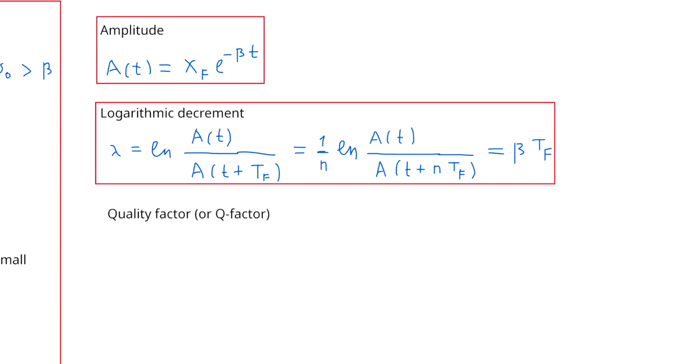What is this? Quality factor, maybe without hyphen. Quality factor according to the definition is equal to pi divided by logarithmic decrement.